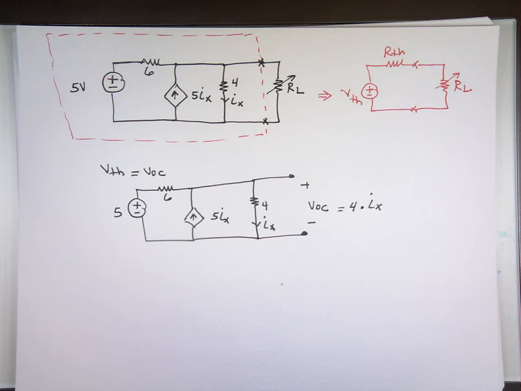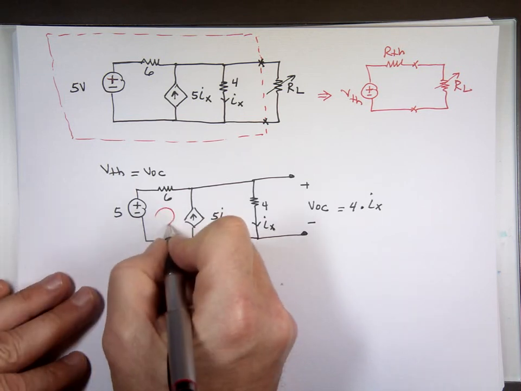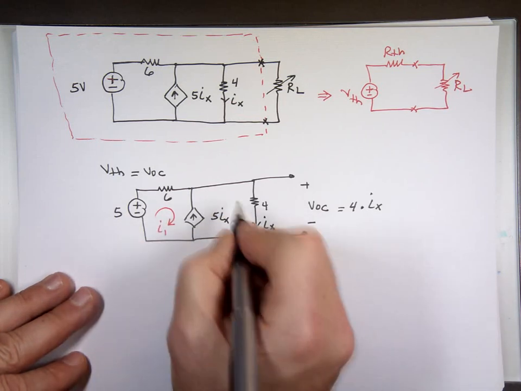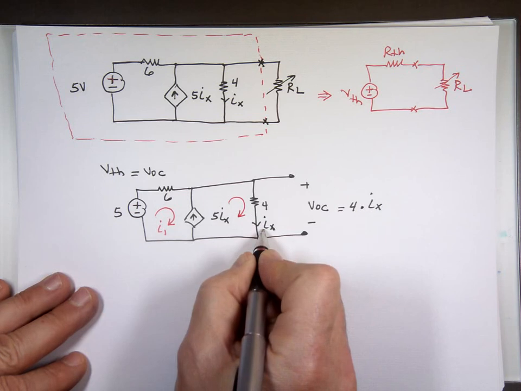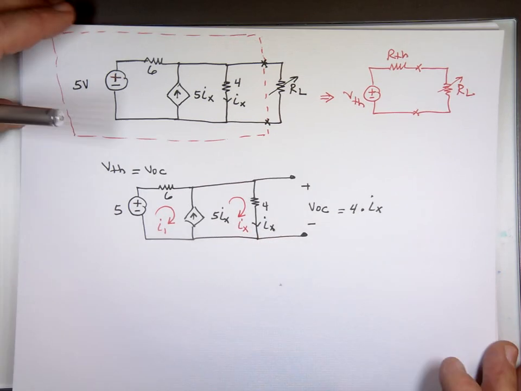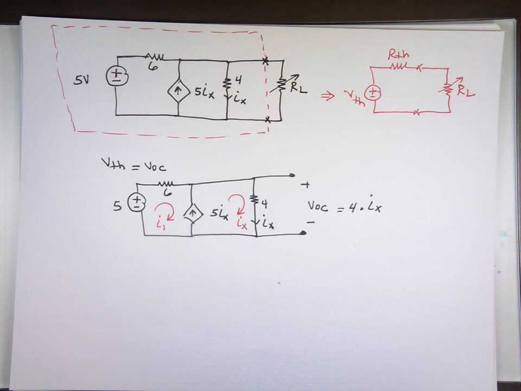Kirchhoff voltage law. I can assign a current in this direction, we'll call it I sub 1, and I'll assign one in this direction, that's the same as I sub x. So let's now write an equation.